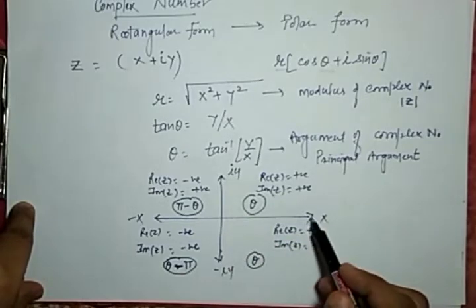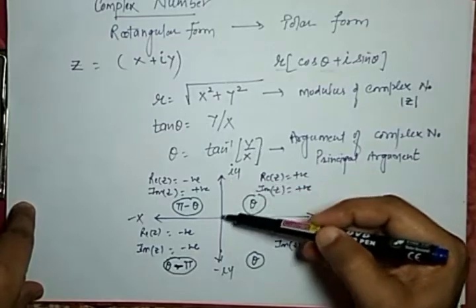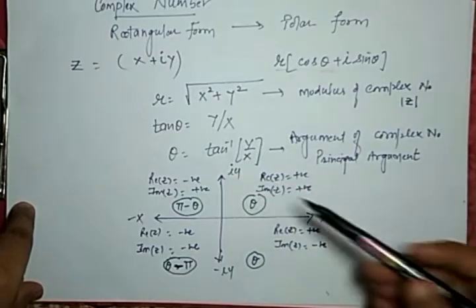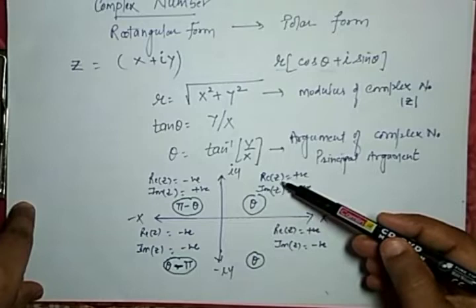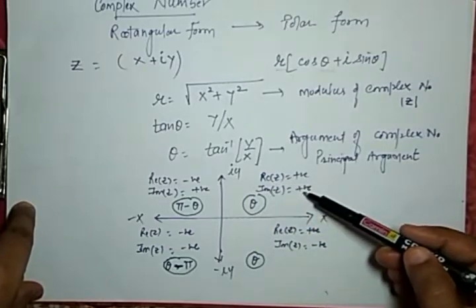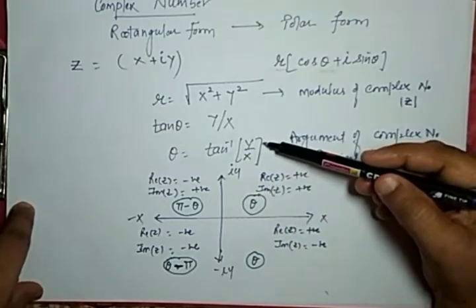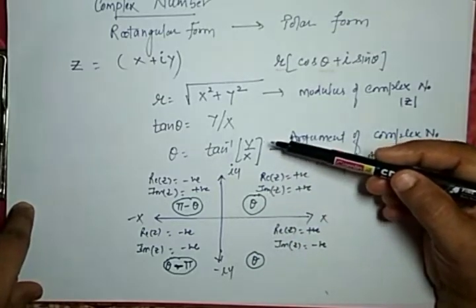The real part of z is plotted along the x-axis and the imaginary part of the complex number, iota y, is plotted along the y-axis. In the first quadrant, the real part of z is positive and the imaginary part of z is positive. Then theta will be the same as you have calculated using this formula, tan inverse y by x.